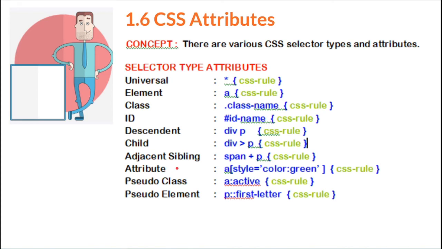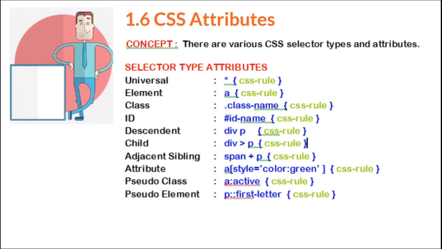We can select by attribute. So we can say anchor link, and we use square brackets to select the attribute, and we say select all anchor links with the style attribute of style equals color green. So all of those anchor links that have the text style equals color green inside them will be selected by this rule, with this selector. Pseudo class, as mentioned before, we can use pseudo classes.